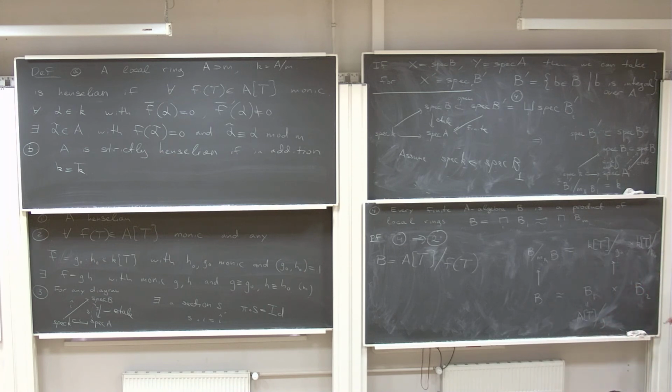And moreover, if say the degree of G0 is equal to n, this guy is generated by 1, t, t squared, up to t to the n minus 1. It means that by Nakayama's lemma, this guy is also generated by 1, up to t to the n minus 1. So that means that I can choose for g a polynomial of the same degree.